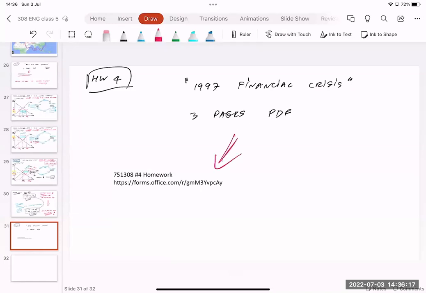Very easy. Again, do not copy from your friend, do not copy from the internet. Write down from your understanding.